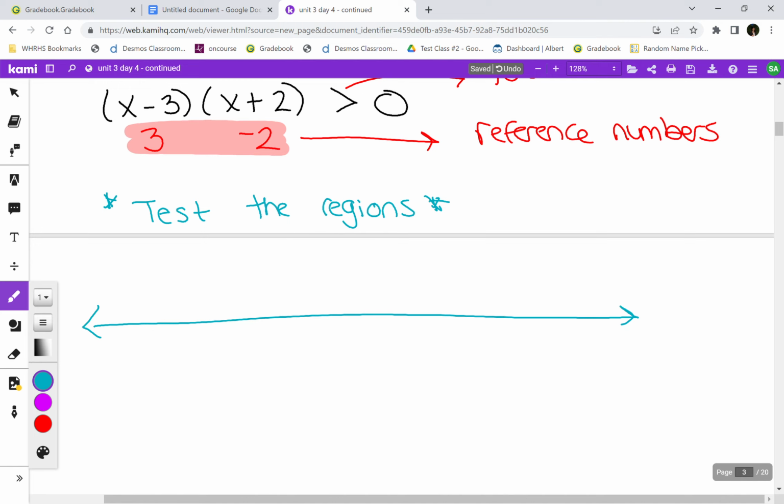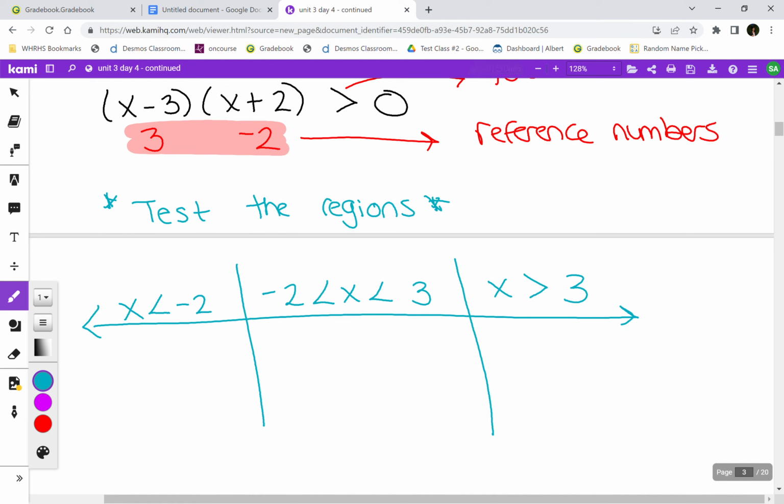What's the smallest reference number? -2. So we're going to test x is less than -2. Then we're going to test between our two reference numbers, so -2 is less than x, which is less than 3. And then we're going to test larger than our biggest reference number, so x is greater than 3.